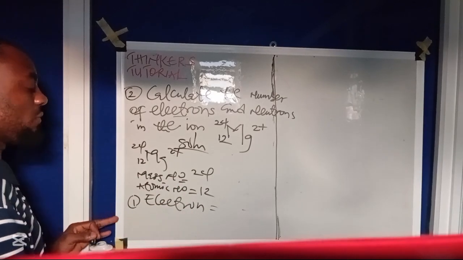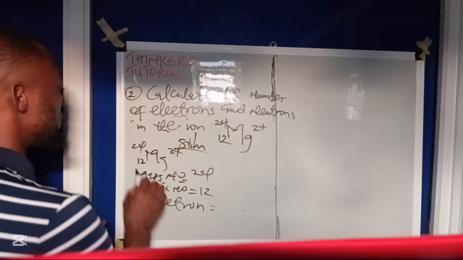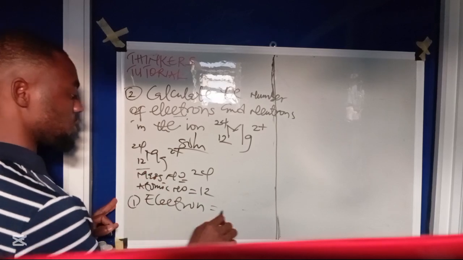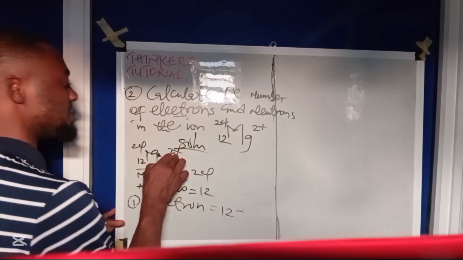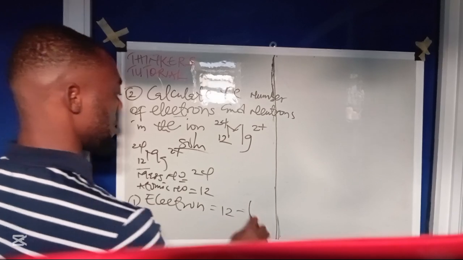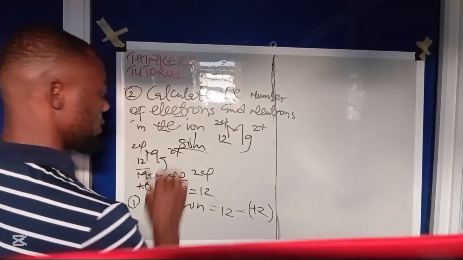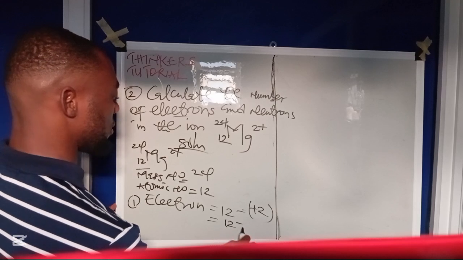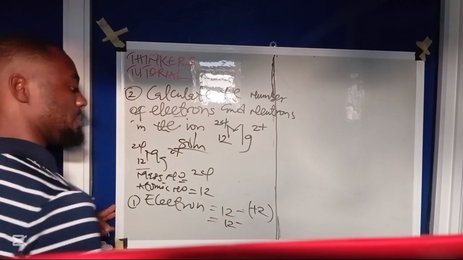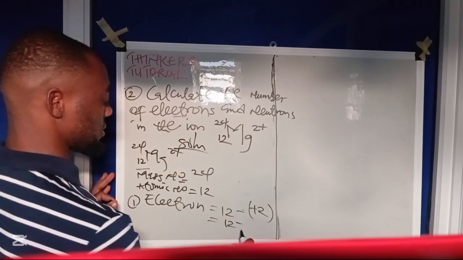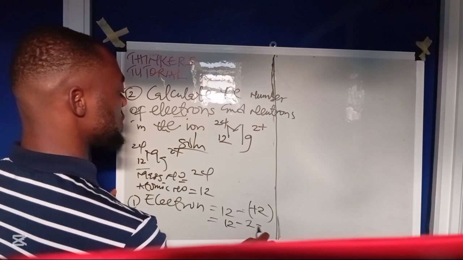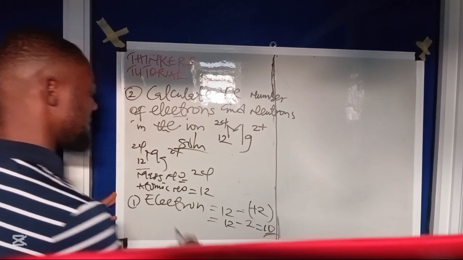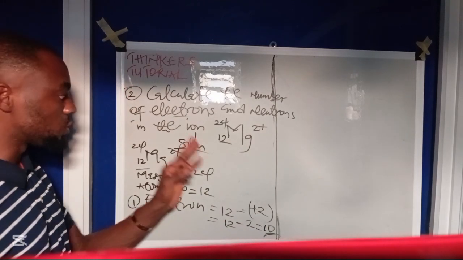So how do we get the number of electrons? You say the number of protons, which is 12, minus the charge the element is carrying, which is plus 2. So the number of electrons will be 12 minus plus 2, and minus multiplied by plus in mathematics is minus, so it will be minus 2, which is equal to 10. So 10 is the number of electrons for this question.